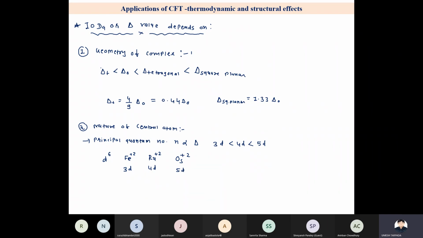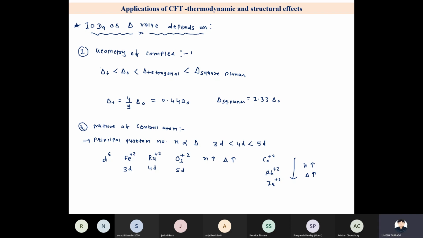Therefore, in all these cases, n increases, so delta also increases. Similarly, you can have another example also. You can have cobalt plus 2 compared with rhodium plus 2, compared with iridium plus 2. So if you come down, then n increases, so crystal field stabilization energy also increases. So that is principal quantum number.